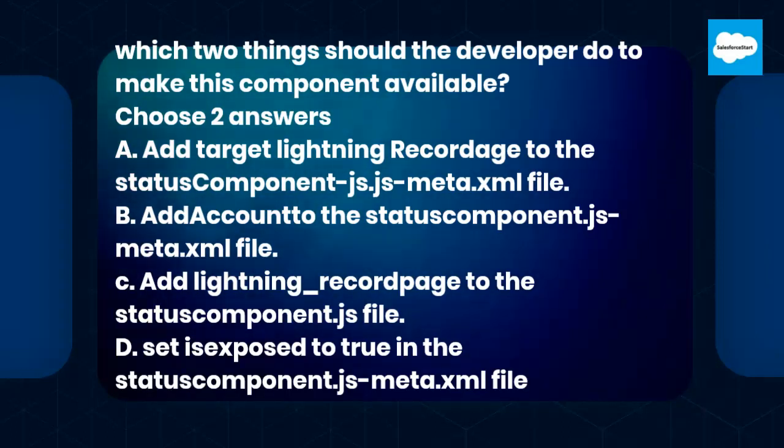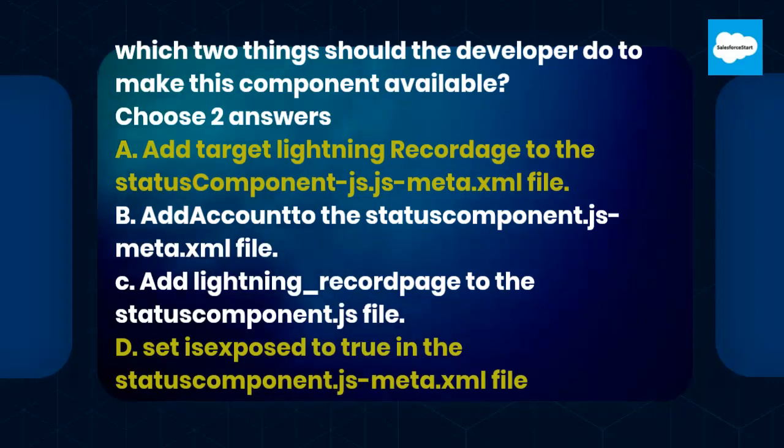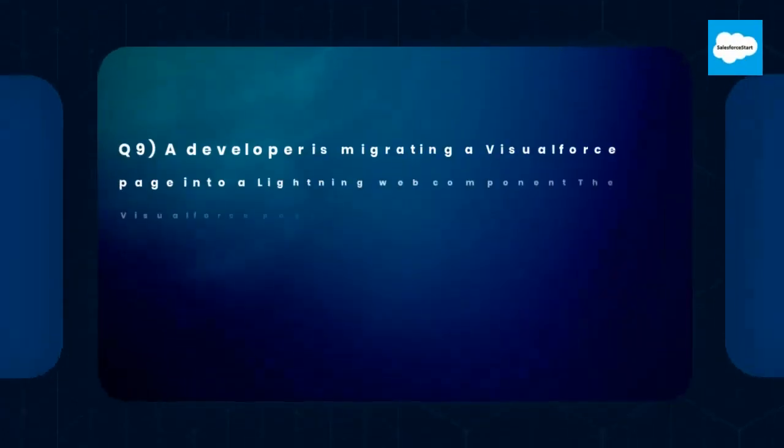C. Add lightning__RecordPage to the statusComponent.js file. D. Set isExposed to true in the statusComponent.js-meta.xml file. The answer is option A. Add targets lightning__RecordPage to the statusComponent.js-meta.xml file. And D. Set isExposed to true in the statusComponent.js-meta.xml file.